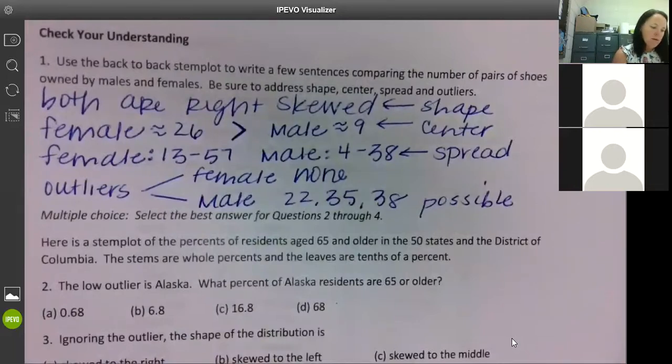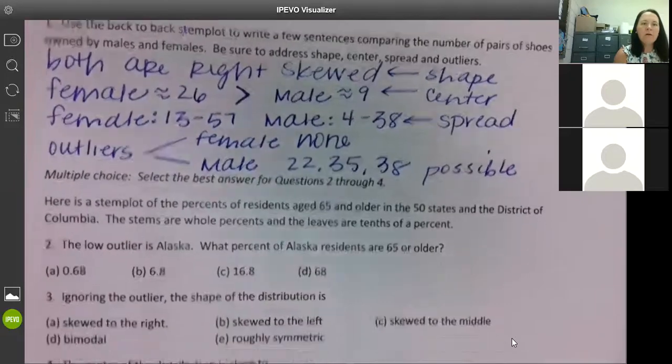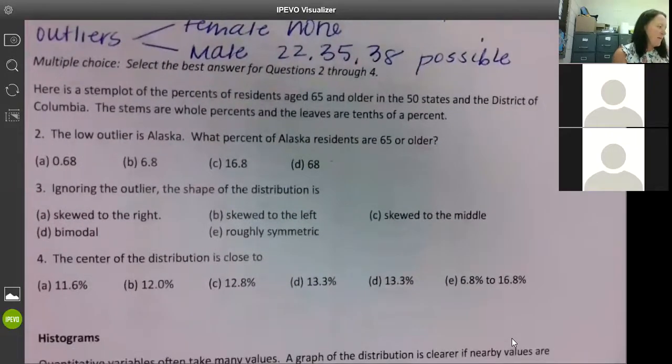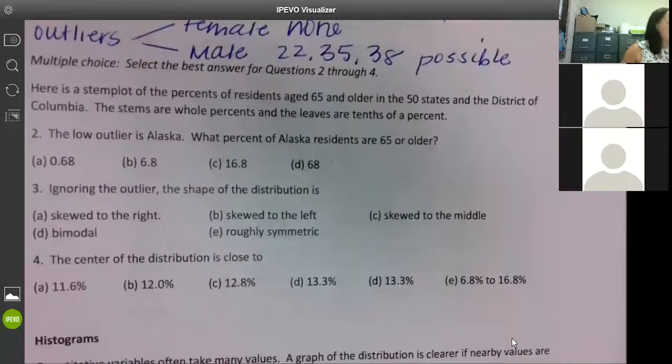Okay, so here's some multiple choice stuff. I don't have the STEM plot. If you have your book, check it out. It says, here's a STEM plot of the percents of residents age 65 and older in the 50 states and the District of Columbia. The stems are whole percents and the leaves are tenths of a percent. Sorry, I'm trying to find it for you.